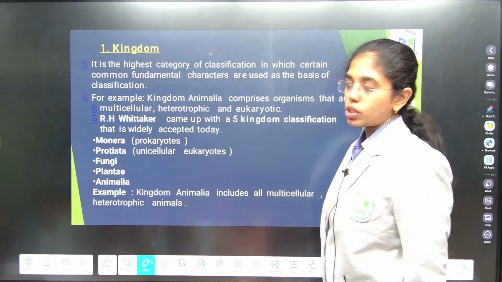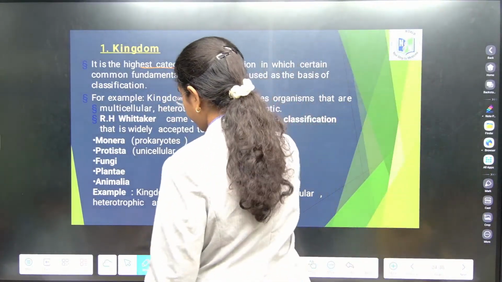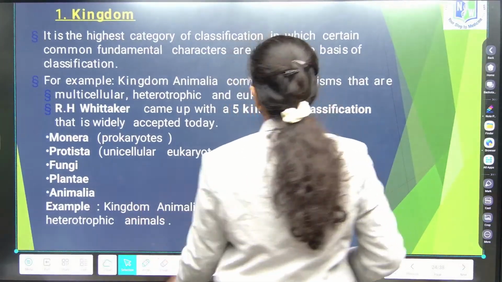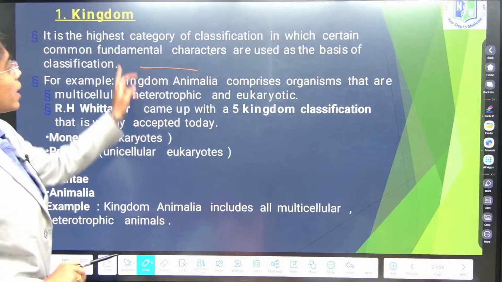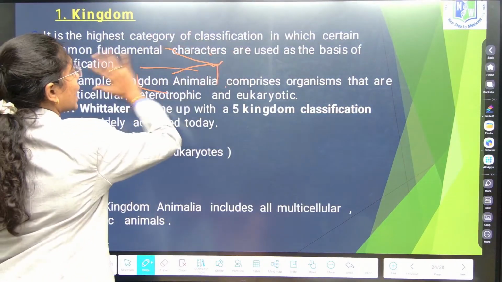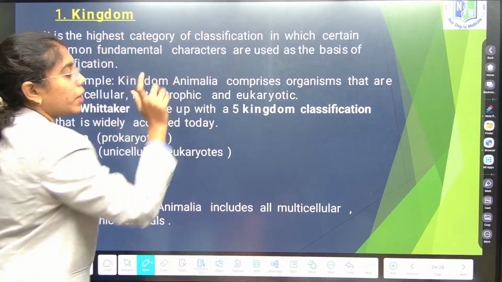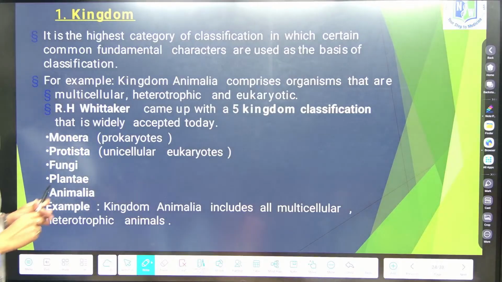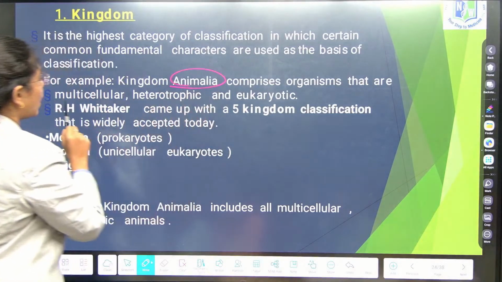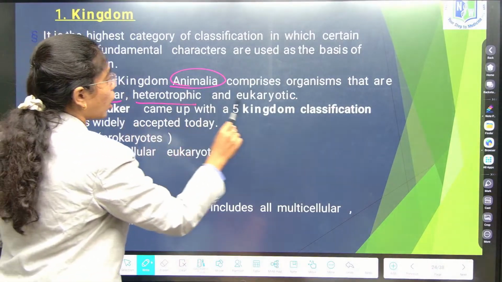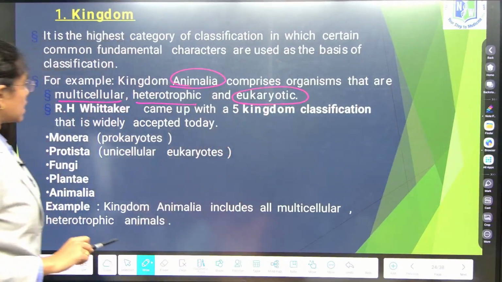First, kingdom, if you see, is the highest category, in which there are common fundamental characteristics. All the characteristics are common for that particular kingdom. For example, Animalia are multicellular organisms, all are heterotrophic and all will have eukaryotic cells.